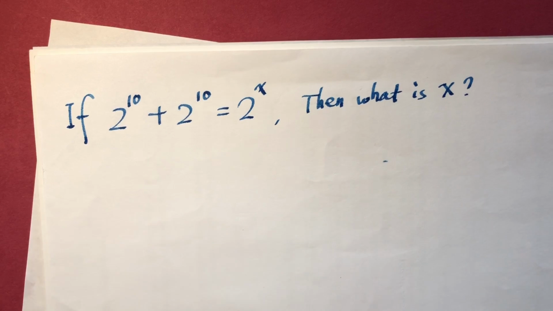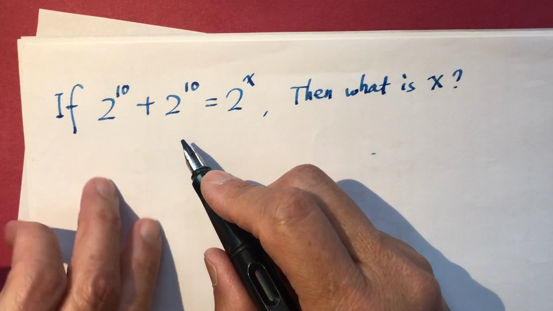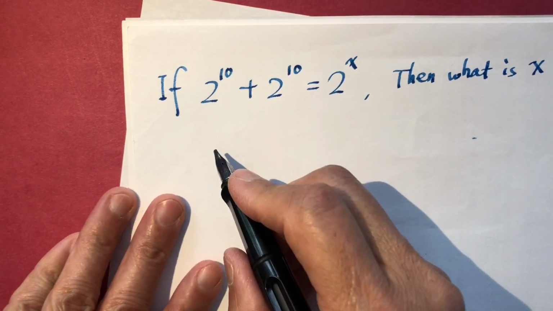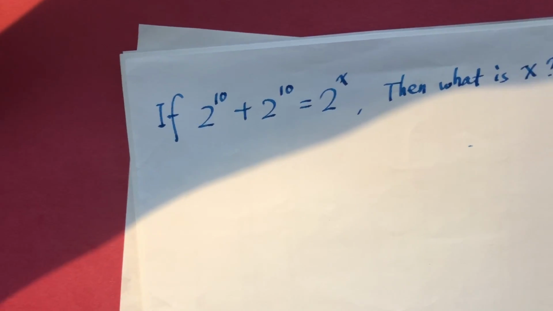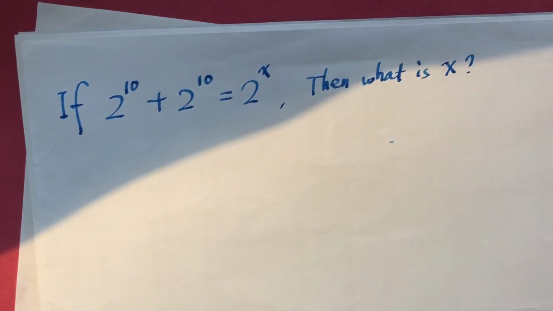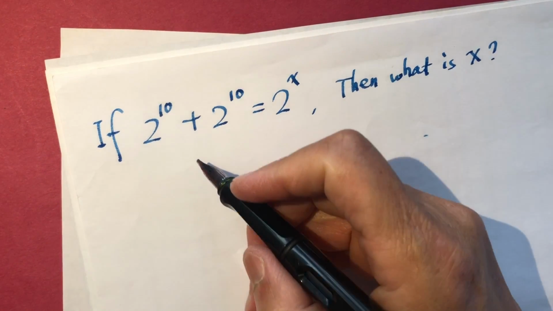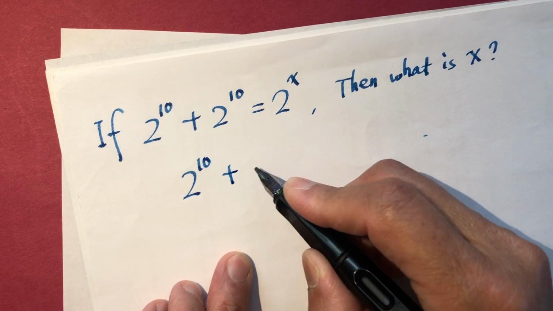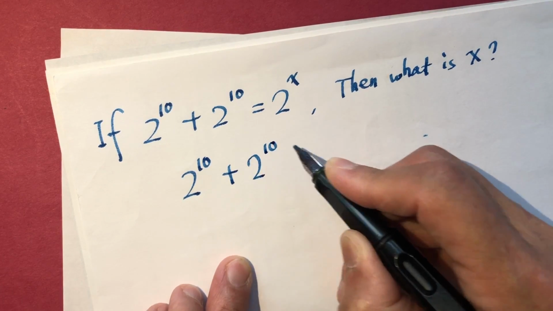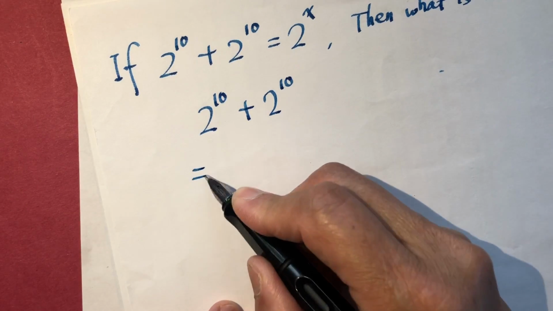Okay, so first they give us this equation. We can copy this equation. So 2 to the power of 10 plus 2 to the power of 10 equals what?